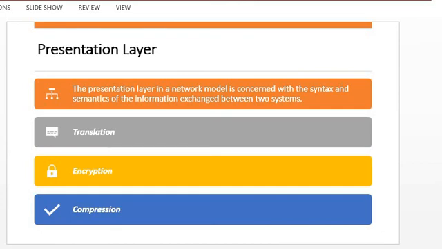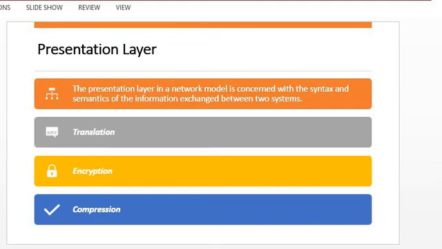The presentation layer is there to ensure this translation is done. Because different computer systems use different encoding systems, the presentation layer ensures that these different encoding systems are translated into a similar coding system so that the two communicating devices are able to interact and exchange information between them.